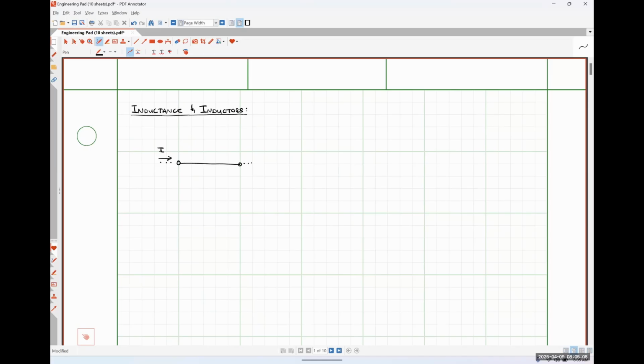So just as a quick explanation, if your thumb is flowing in the direction of current, then your fingers on your right hand are going to wrap around and they're going to show you the direction of the field. So the way that I have things drawn right here, my current I is flowing to the right. So in regions above the wire, I should see that my magnetic field lines effectively come out of the board. So that's what this is.